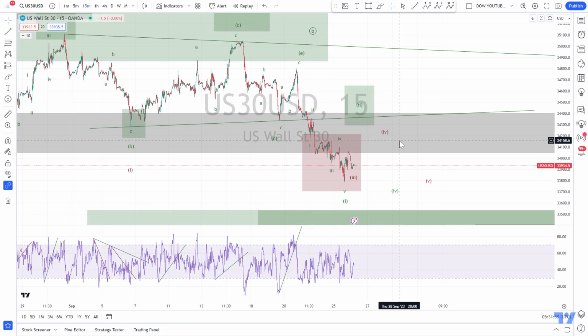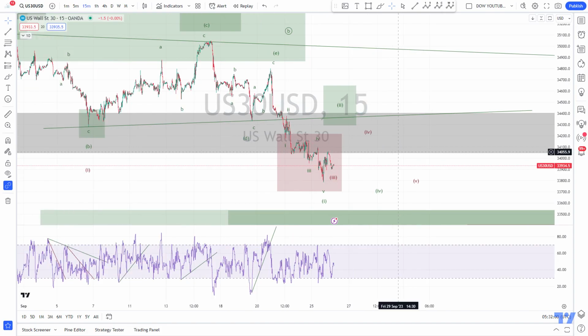If we look at the 15 minutes, my count would be like this: wave 1, 2, 3, 4, and a 5. So I think the low might be in, and then I expect to see some upside here as a wave 2.